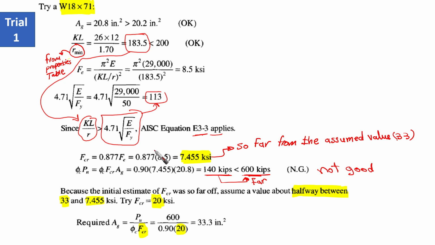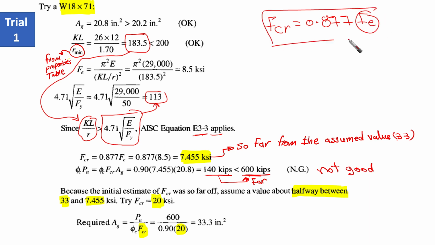In the elastic buckling, if you remember, our FCR equals what? Exactly, 0.77 FE, where FE is the Euler strength, and this needs to be calculated. FE equals pi squared E over KL over R to the power 2.